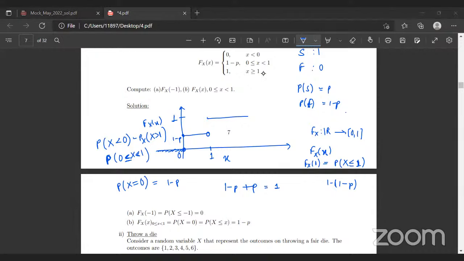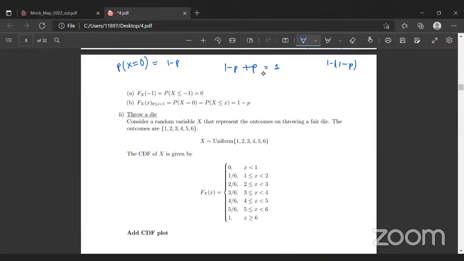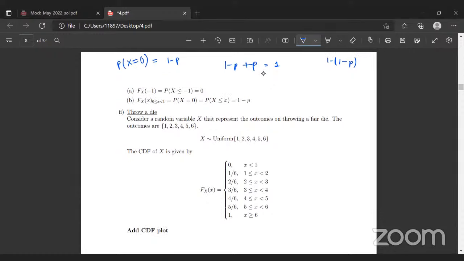So I was saying that how it is coming as 1, F_X of 1. Okay, so in CDF, what do we do? Like here, X was taking the value 0, 1, right? X is a discrete random variable, just takes 2 values.